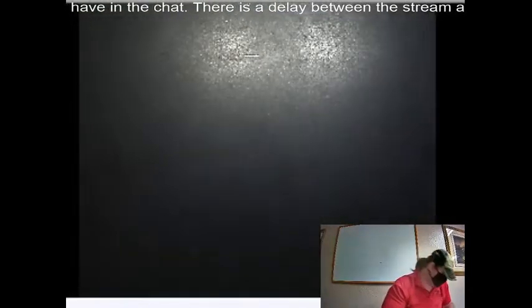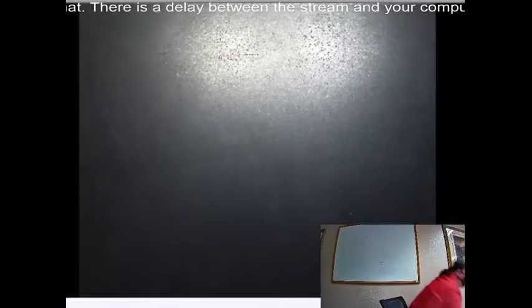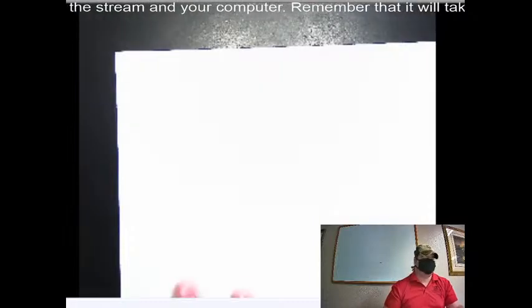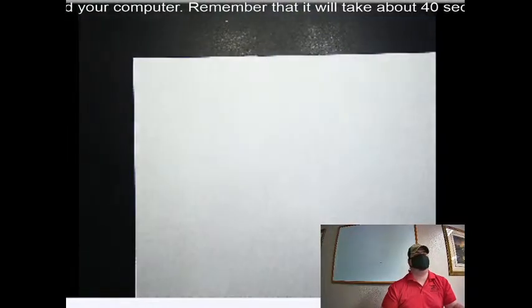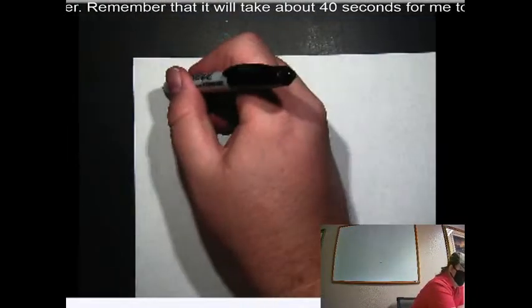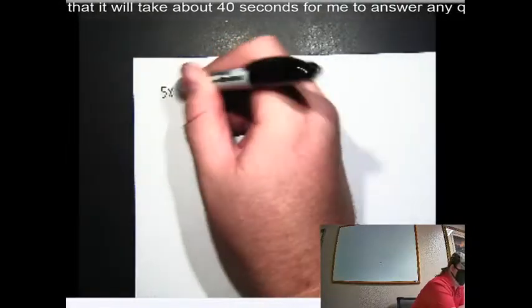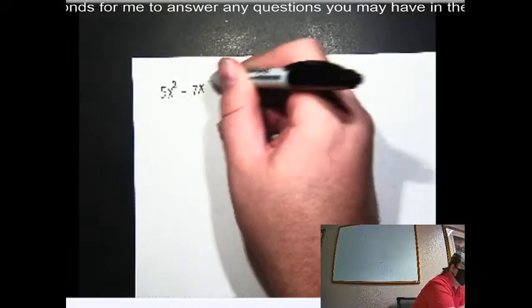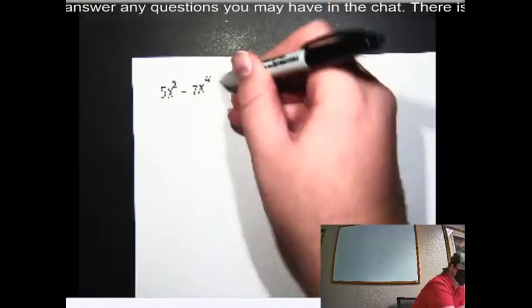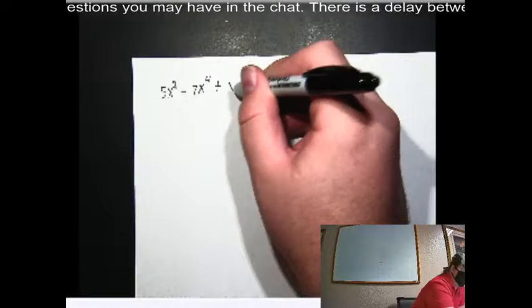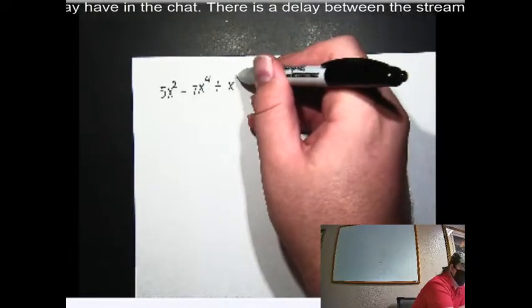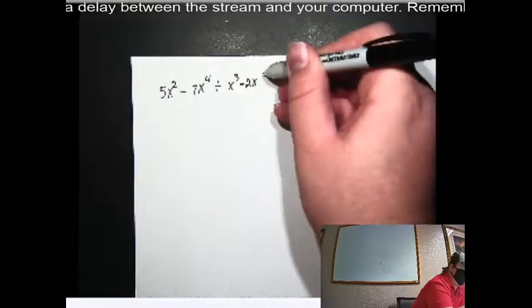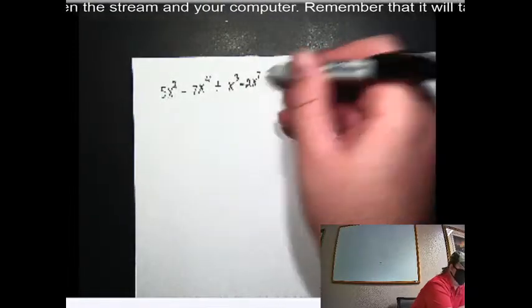One more thing. Polynomials have a structure to them, and it's a structure that we like to follow. So maybe I've got 5x squared minus 7x to the 4th plus x to the 3rd minus 2x to the 7th.